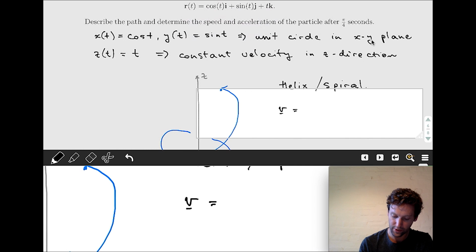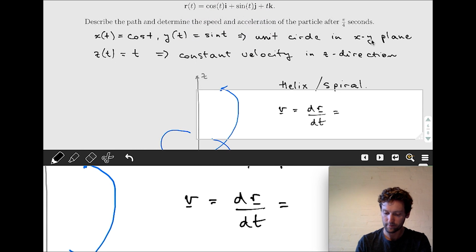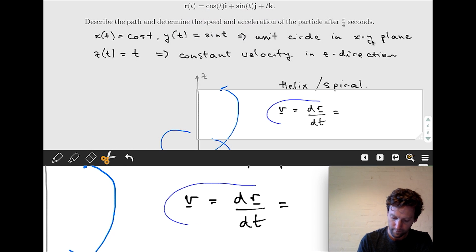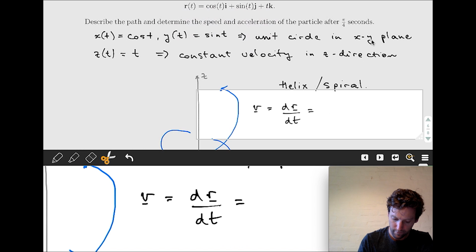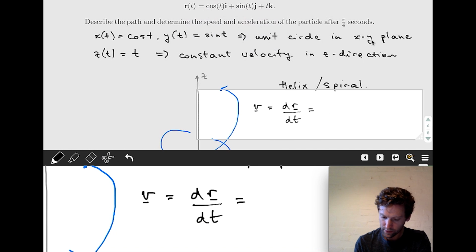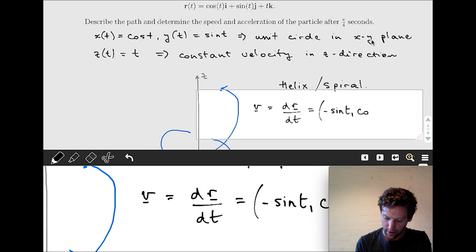So the velocity, as always, is the derivative of r with respect to t. So it's going to be given by the derivative of cosine, the derivative of sine, and the derivative of t, which is 1.